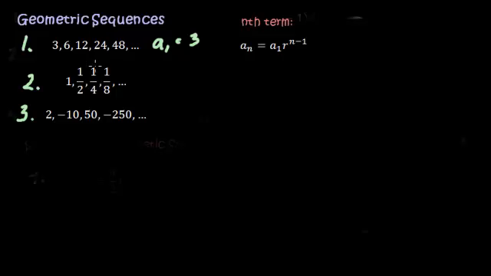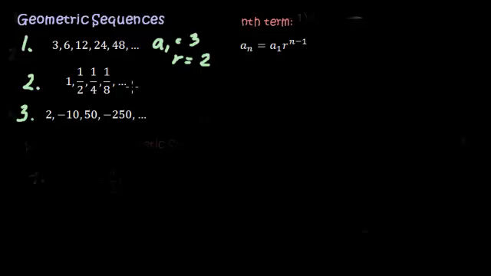In this case, a geometric sequence is formed by multiplying by a number every single time. So to get the next one, you multiply by whatever, and we're going to call that the ratio, or r. For this one, 3 times what is 6? That would be 2. 6 times 2 is 12. Does this work all the way across? Yes, it does. So our r in this case would be 2.